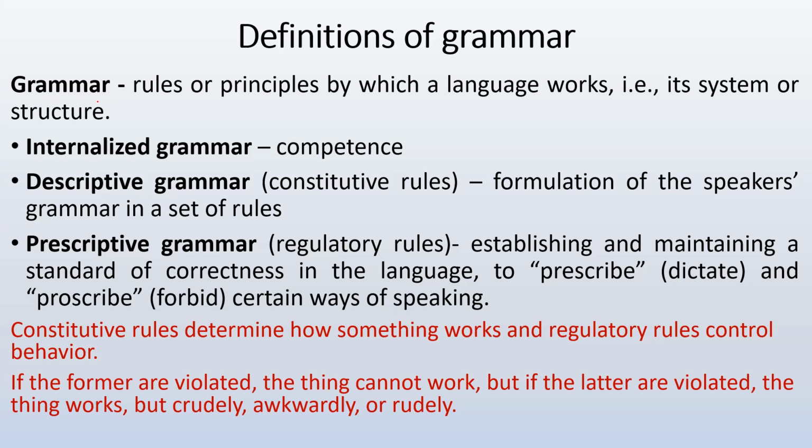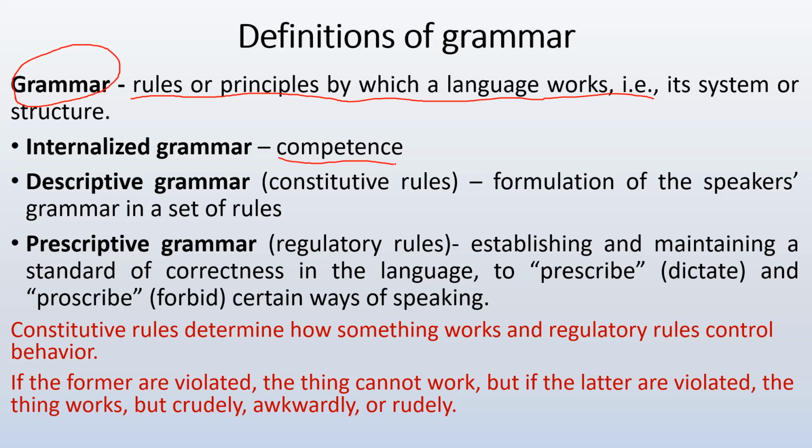Okay. So grammar means what then? The common word is grammar. It refers to the rules or principles by which a language works. That is its system or structure. So grammar means simply the rules or principles by which a language works, right? So we have this internalized grammar. Earlier we found this when we were talking about competence. So internalized grammar is actually what we mean by competence here.